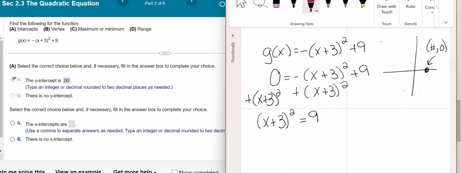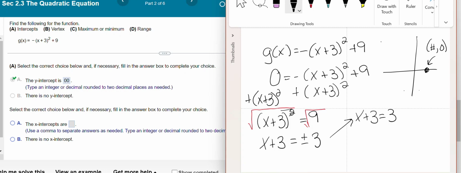Now we're going to take the square root of both sides. Hopefully you remember that the square and the square root cancel. So we end up with x plus 3 equals the square root of 9, which is plus or minus 3. This gives us two equations: x plus 3 equals positive 3, and x plus 3 equals negative 3.